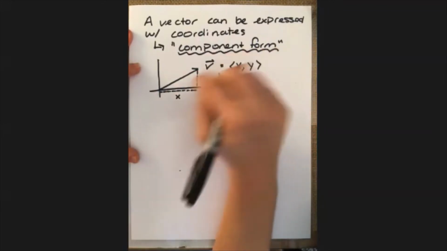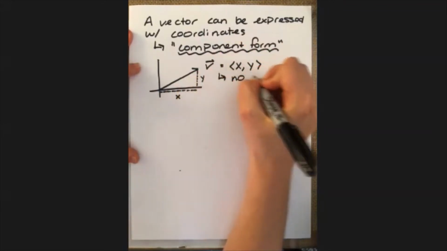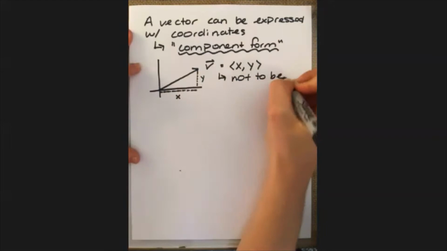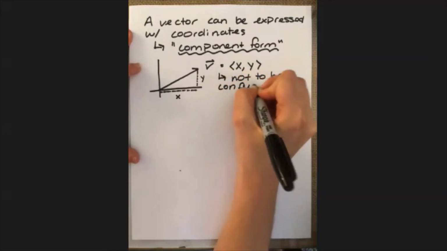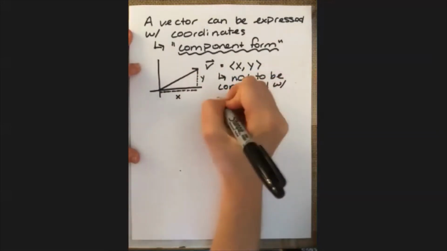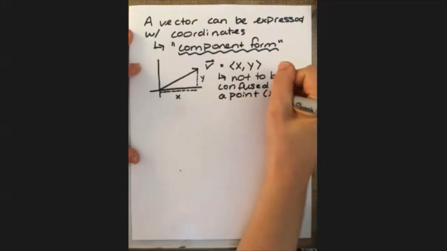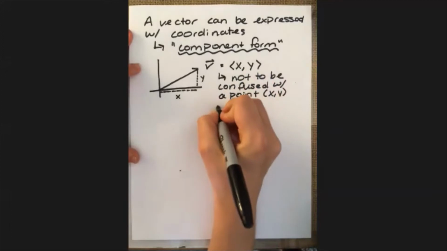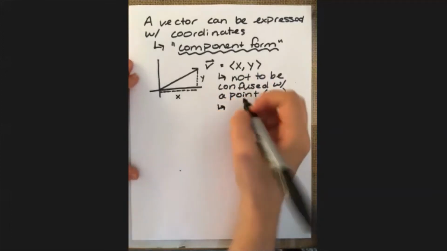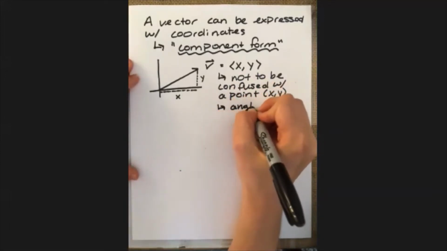When we have the angled braces, we're talking about the whole vector. And also, whenever we have angled braces, that means we're normally going to start at the origin.